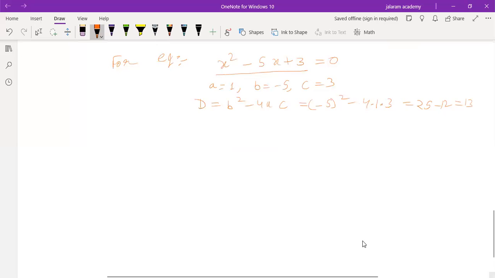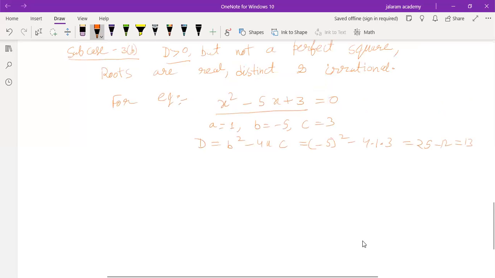Is that clear to you? Then we write 13 is not a perfect square. That is, discriminant is not a perfect square.